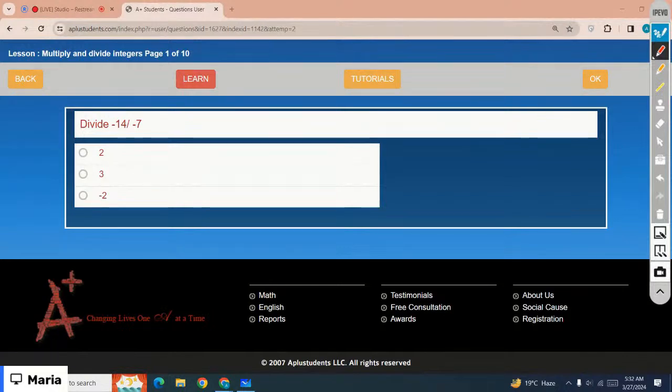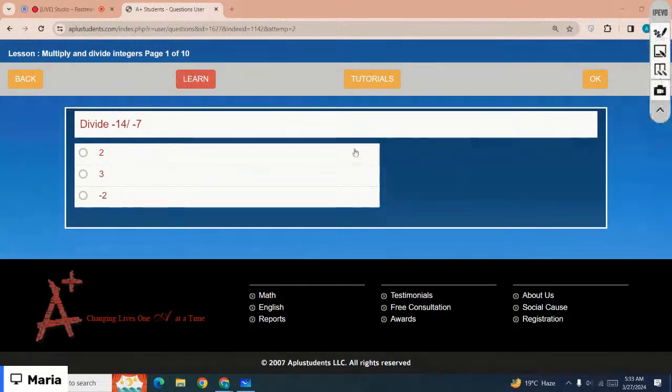You are dividing two negative numbers. 14 divided by 7: 7 times 2 is 14. The correct option is 2, right? Option number 1 is the correct option.